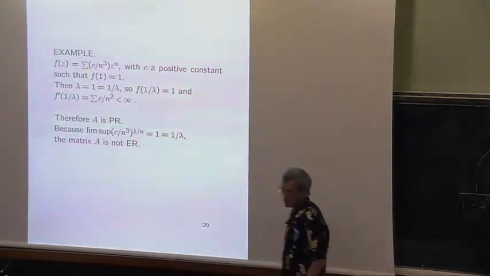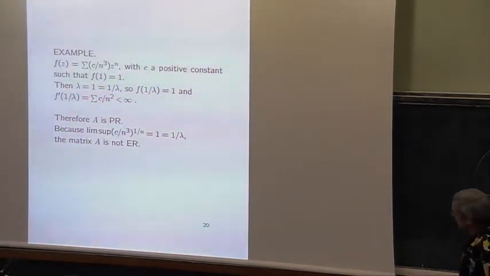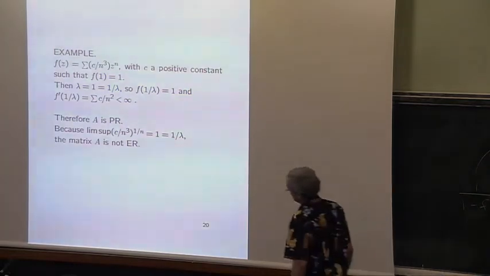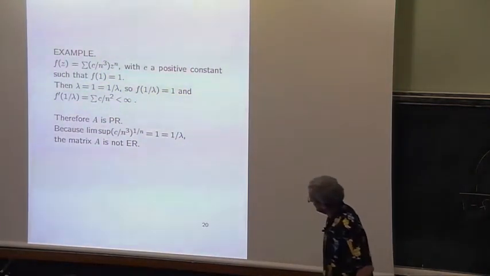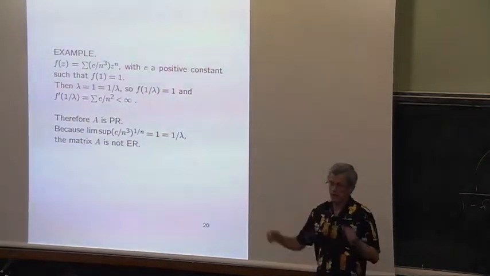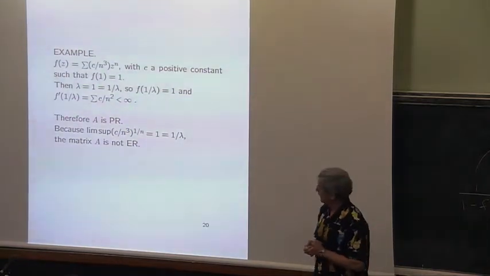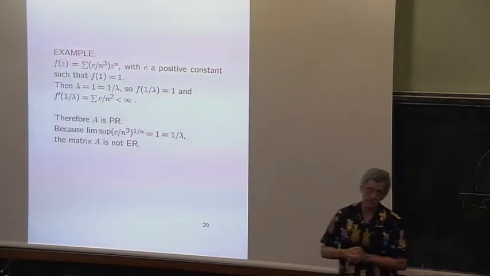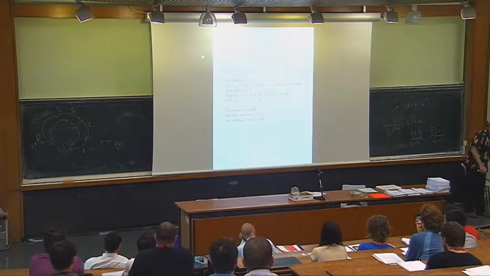That converges. This A is positive recurrent. And it's positive recurrent, but the growth rate of these coefficients is still 1, right? So there's not a gap between the growth rate of the f_n and lambda, and so this matrix is not exponentially recurrent. So these polynomial factors can mess up exponential recurrence.